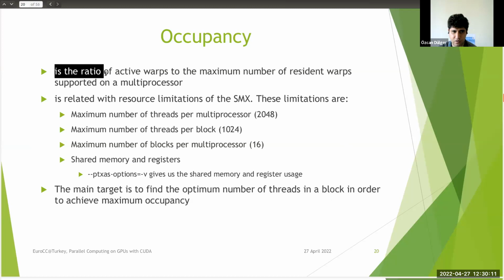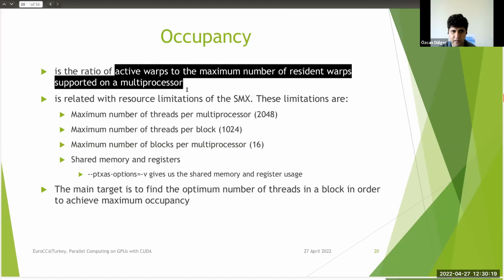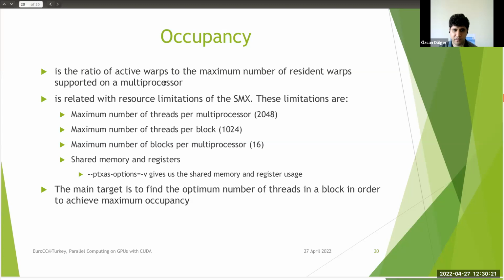So that means we should try to make the warps active up to the maximum number of resident warps.